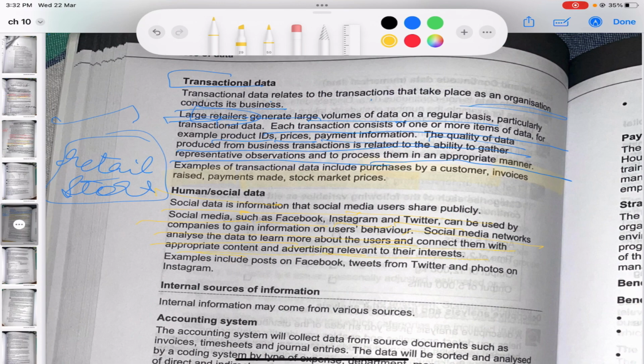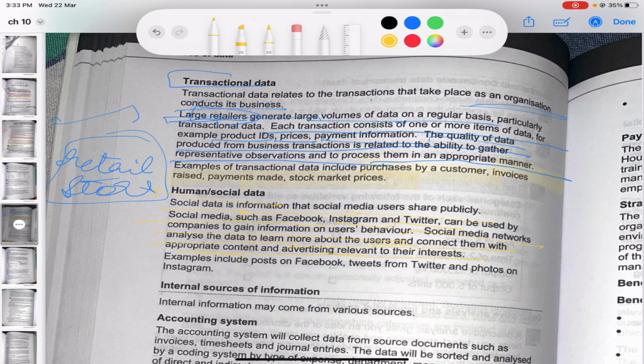Social media networks analyze this data to learn more about the users and connect them to appropriate content. So if you think about it, what happens? If I went on Google today, just try it by yourself, and I searched for hair care products, the next day, I'm watching a random video on YouTube and an advertisement pops up which is talking about a hair shampoo. That happens because they know that you searched something related to hair care on Google.